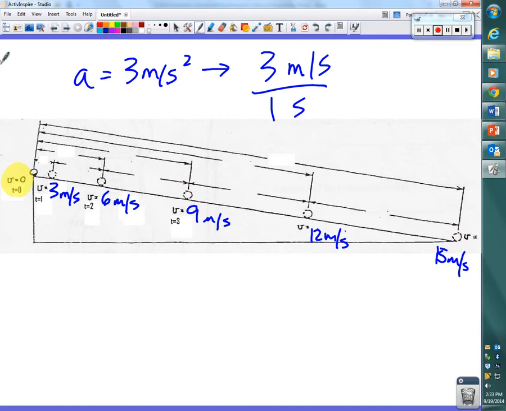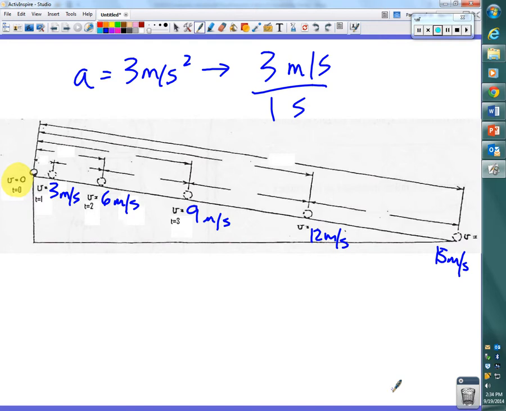Where he was 1 second after he started, 2 seconds after, 3 seconds after. And much like the positions in this picture, he kept getting farther and farther every second because what keeps happening to his velocity? It was increasing. If you go faster, that means you go farther each second. And that's what that picture showed us.